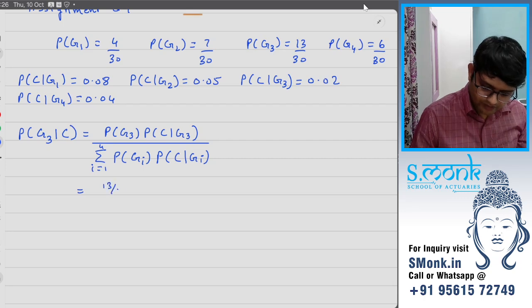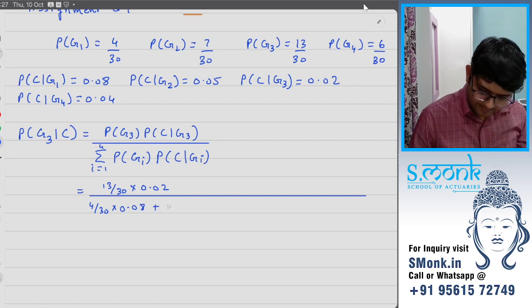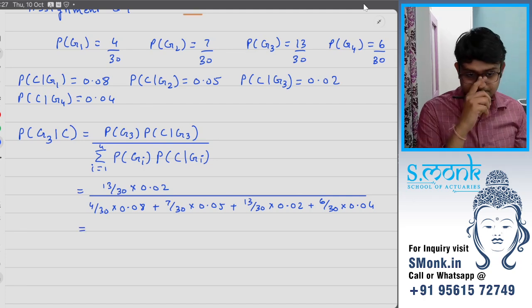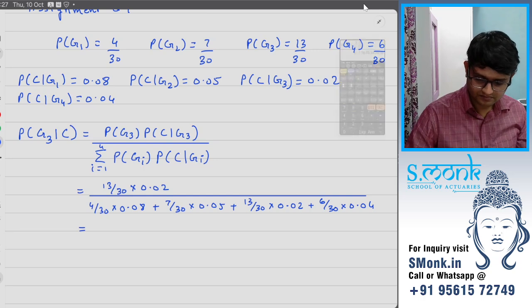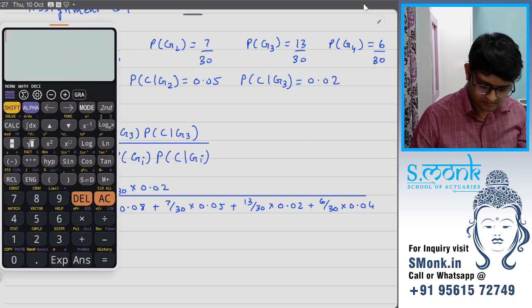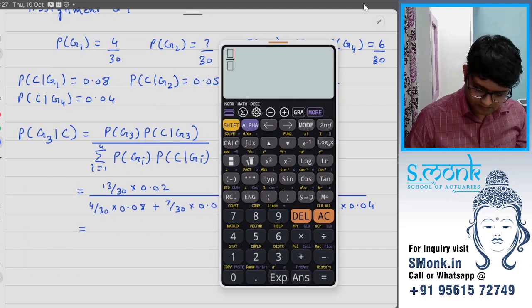So G3 is 13 by 30, times C given G3, 0.02, upon, we'll have to write all 4. The 30 cancels out.